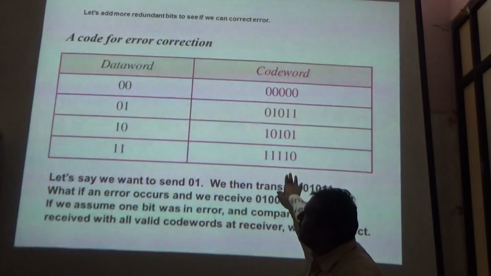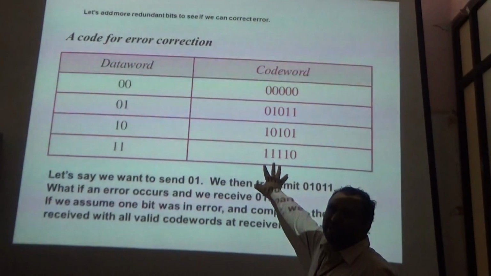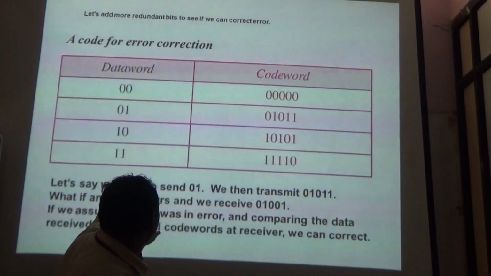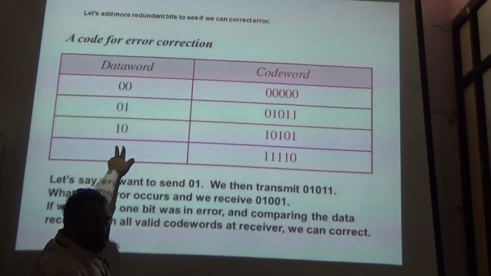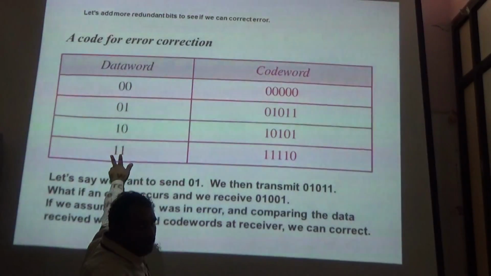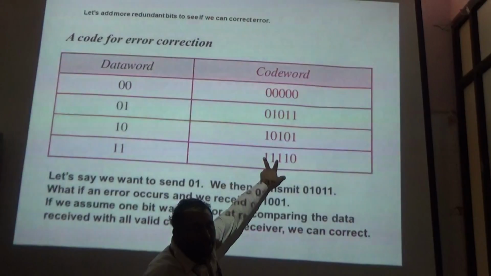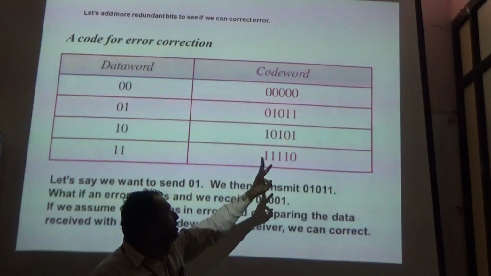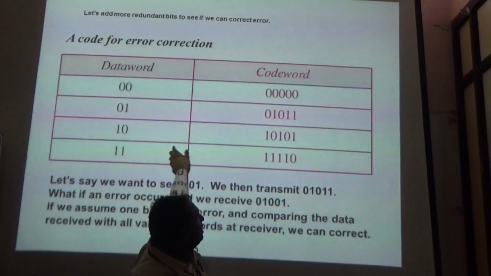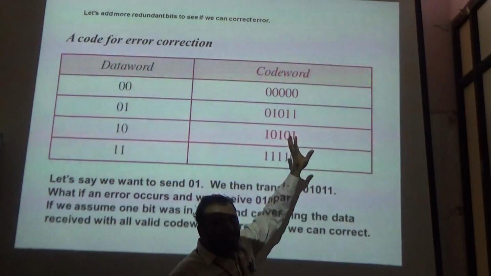So here we follow a coding method where, instead of going for a 2-bit data word, we go for a 2-bit data word only, but to generate a code word we use 3 redundant bits. If we observe, the data word is 2 bits, but the code word size is 5 bits.